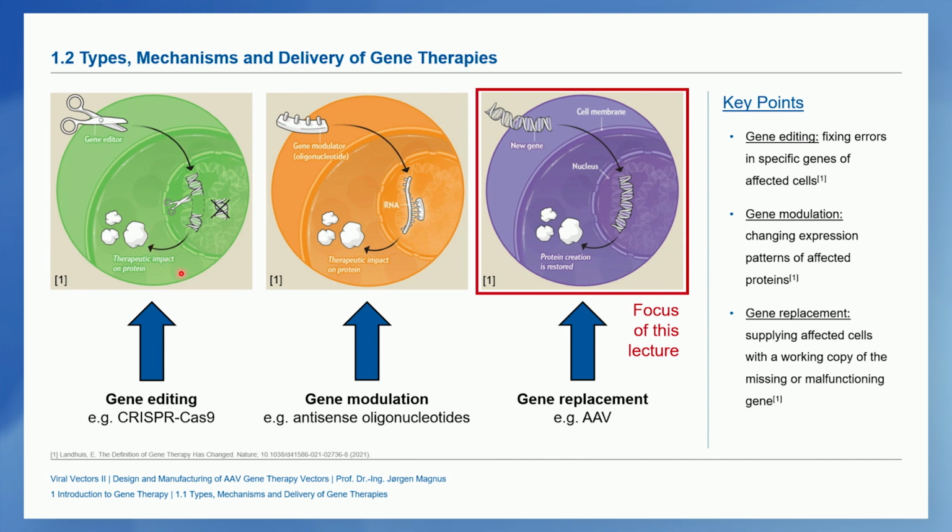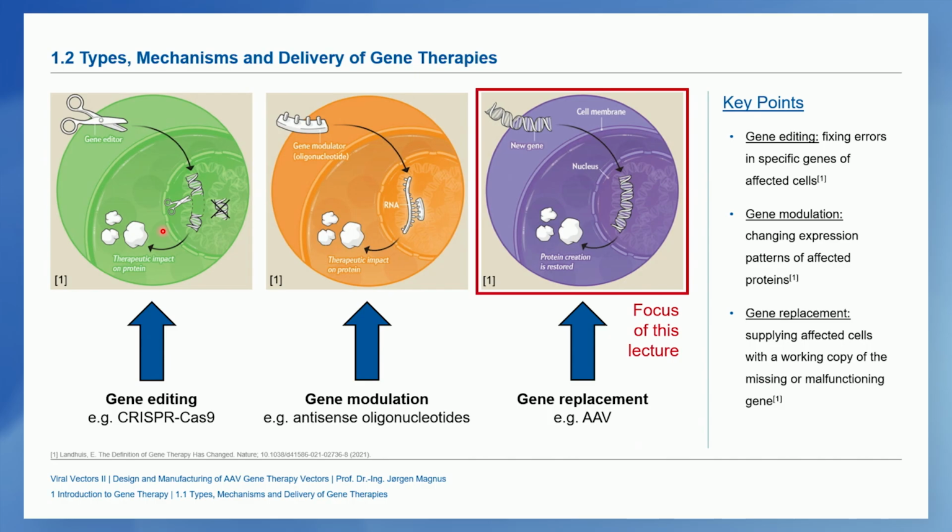So what happens in the gene editing strategy is that the missing gene that you would like to replace is integrated on the chromosome and also at a specific site. That's why you need the guide RNA in the chromosome, and then it can be expressed from there.